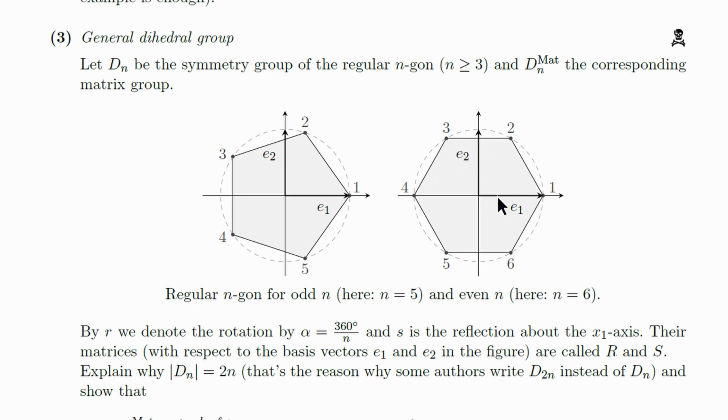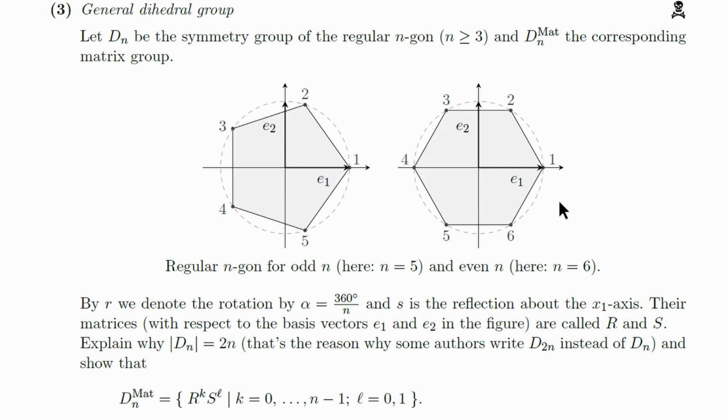And this time we choose the orthogonal canonical basis of R2, not as we did for the dihedral group in the video, where we adapted the basis vectors to the symmetries of the n-gon, but here we always take this orthogonal or orthonormal basis of R2.